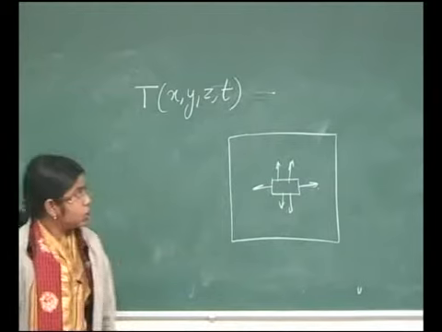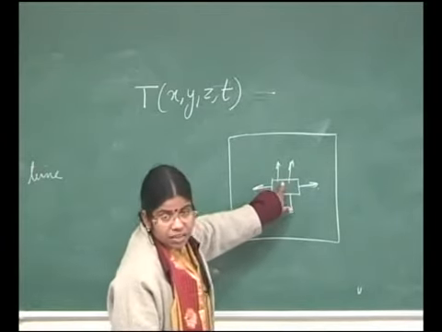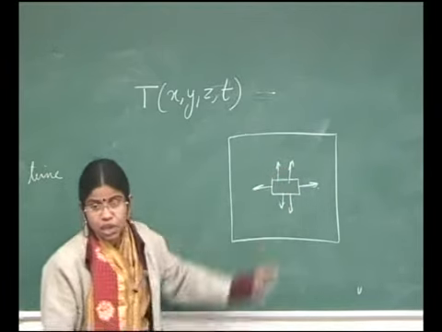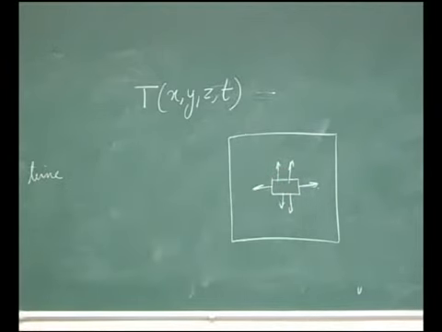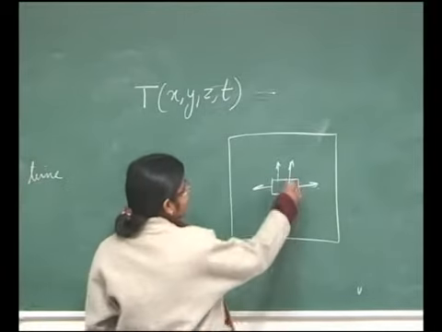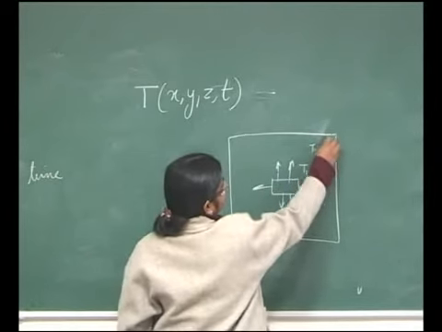Now as we move away from this heat convector, when you are very near to it, you will feel very warm. And as you move away from the heat convector, you will feel less and less warm. So it means as I move away, the temperature is different.